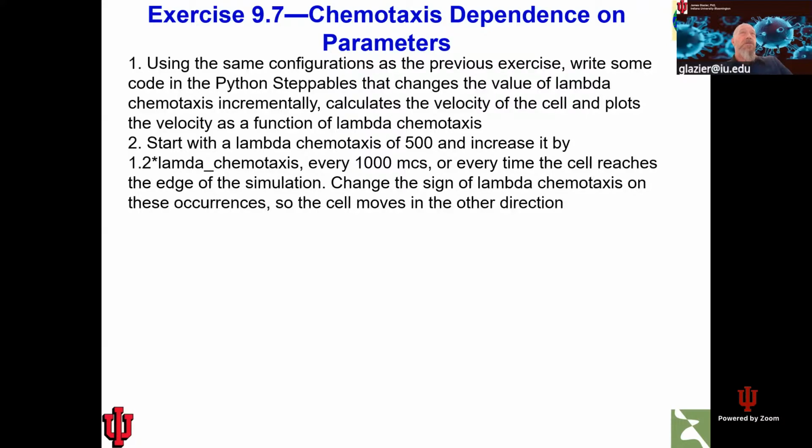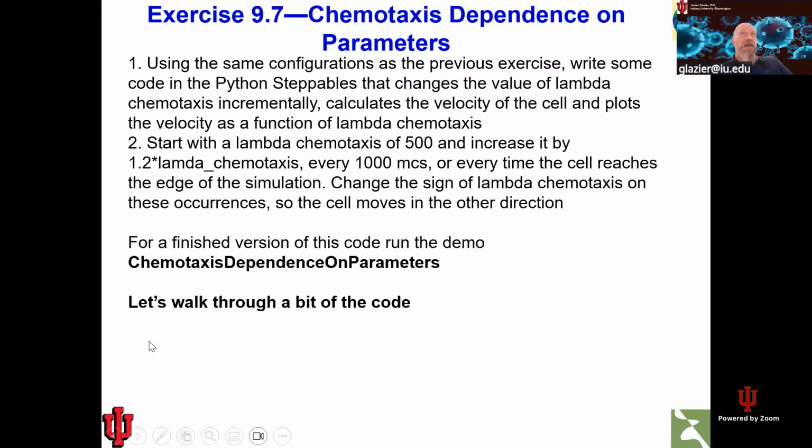And so one thing you could do, for example, would be to change the value of lambda chemo every now and then with Python and see what the cell does. There's a simulation here called chemotaxis dependence on parameters. In your simulation, when the cell got to the end of the lattice, it got stuck.